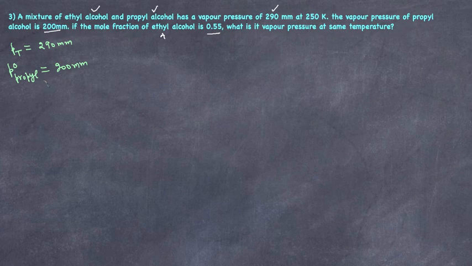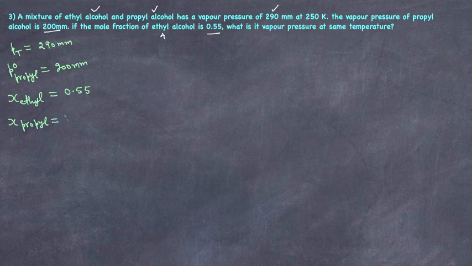And then they gave us, if the mole fraction of ethyl, so that means X ethyl, so they gave us the mole fraction of ethyl alcohol 0.55. So we can find the mole fraction of propyl.